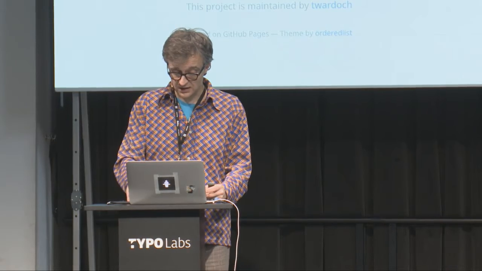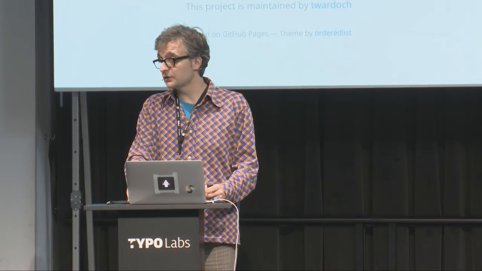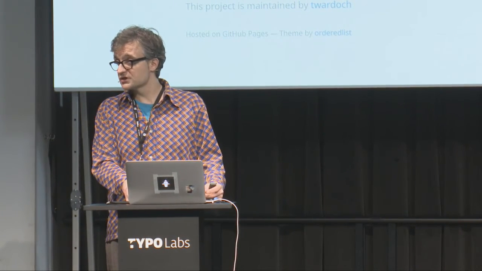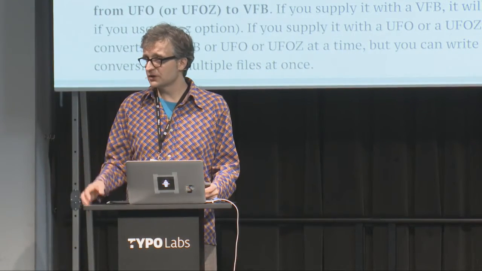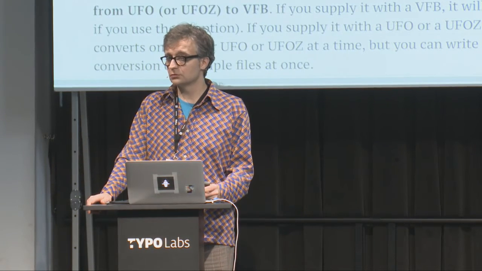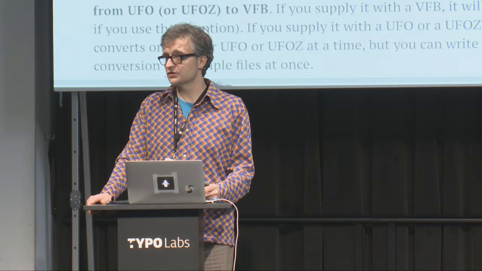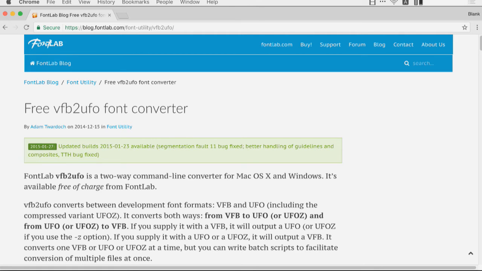And if they can't, such as FontLab Studio 5, where you may have some old sources, for instance VFBs, some time ago we made available this VFB to UFO converter, which works both ways. It's a command line app. You download it for Mac or Windows, run it, give it a VFB, and it will generate UFOs for every single master in that VFB.